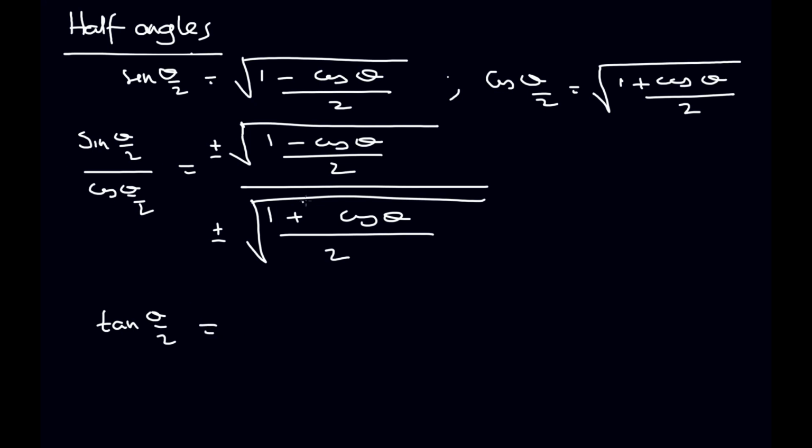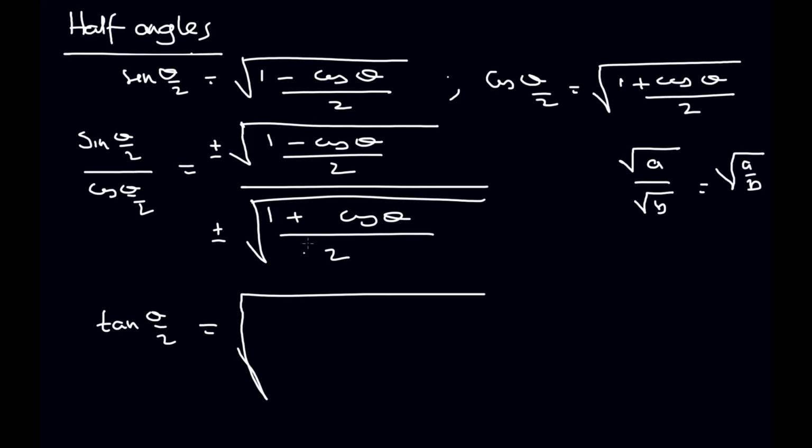Since it's the same angle, and if you remember radicals, these are the same as the square root of a over b. I'm dividing these two, so I can do a big division. I can do 1 minus cos theta over 2, and since I'm dividing by this, I can skip that step and multiply.